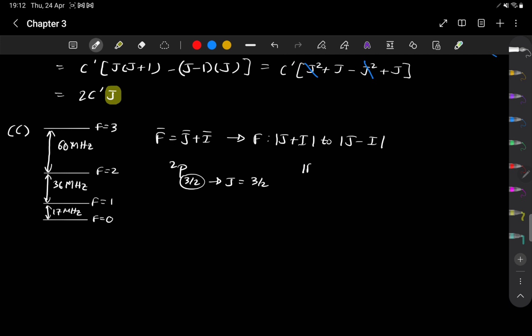Now there can be two cases. If J is greater than I, then we have 2I plus 1 levels, and the other case, if J is less than I, then we have 2J plus 1 levels.